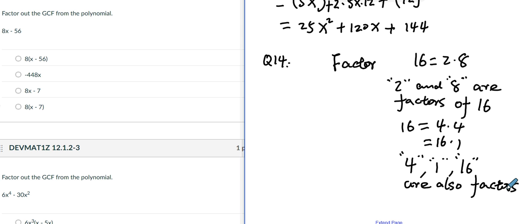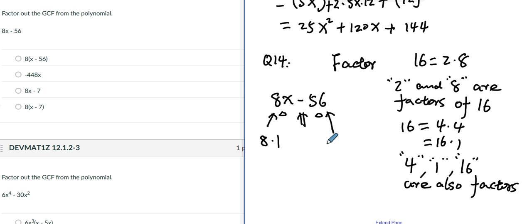Okay. So here we have 8x minus 56. We know that this is subtraction. They separate two terms. Between 56 and 8, we know 8 is a factor because 8 times 1 is 8.